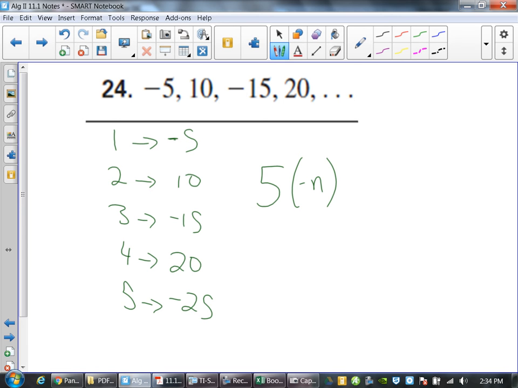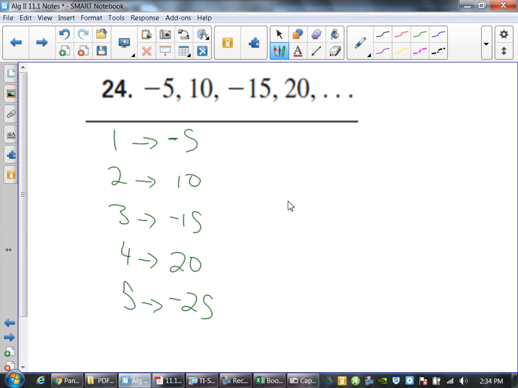So this is where it's not going to be 5 times negative n, because that's not going to make it work. This is where you start messing around with how to get this to work. So what do you think you're going to use? Exponents. How do you do that?